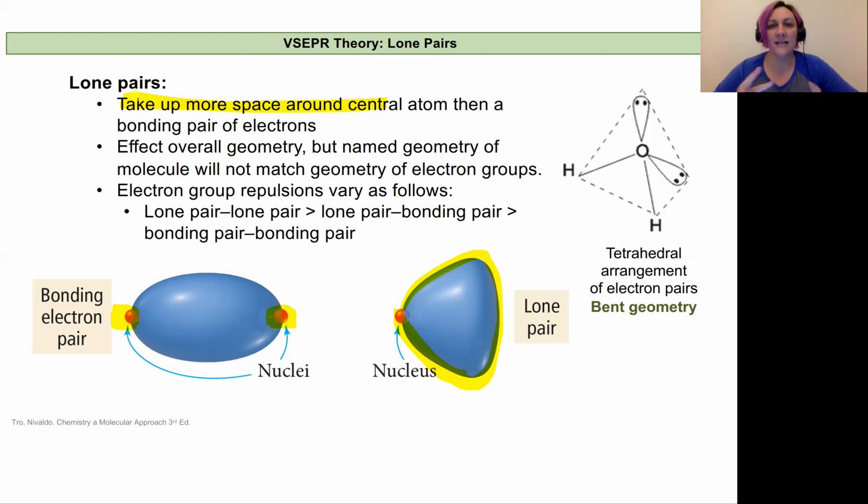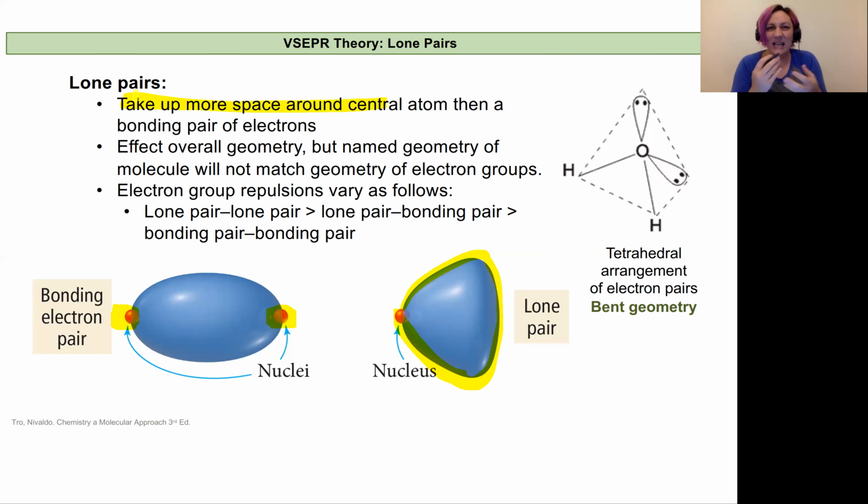And so we have a set of names to describe geometries that, while it's the same number of electron groups, if some of them are lone pairs, we'll have a different geometry name because we're describing the shape that we're seeing for just the atoms that are bonded to the central atom itself, which can be a little bit confusing.